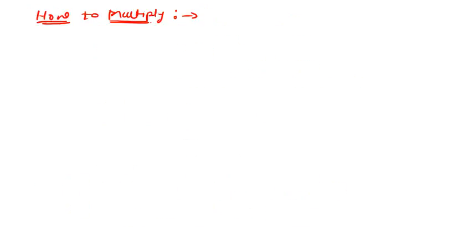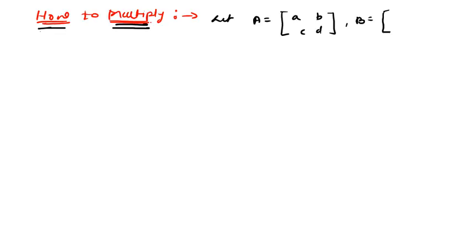Now the most important question is how to multiply two matrices. Let A be a matrix of order 2 by 2, with elements a, b, c, d, and suppose B is again a matrix of order 2 by 2, with elements p, q, r and s.